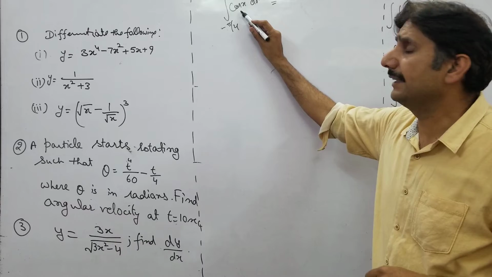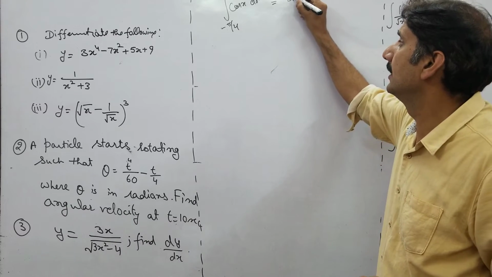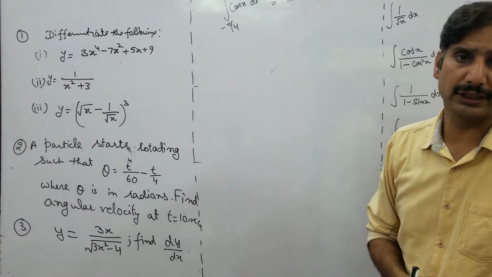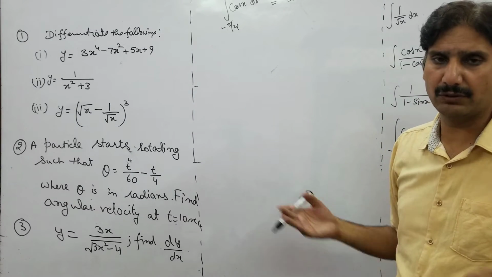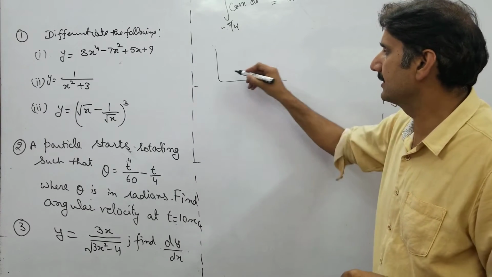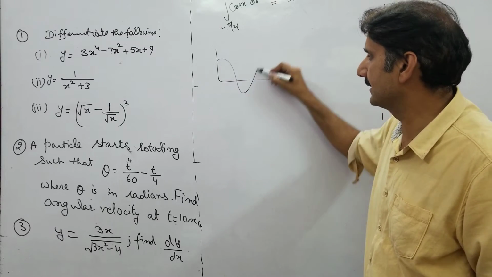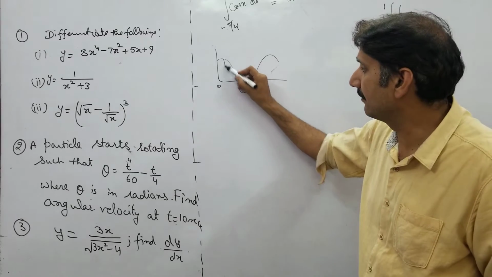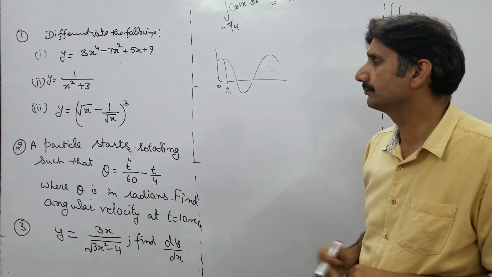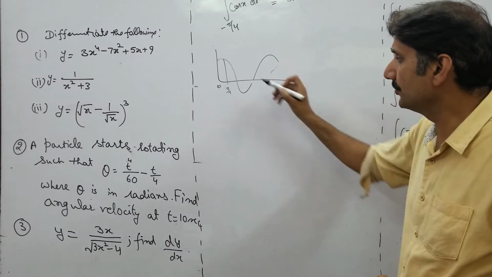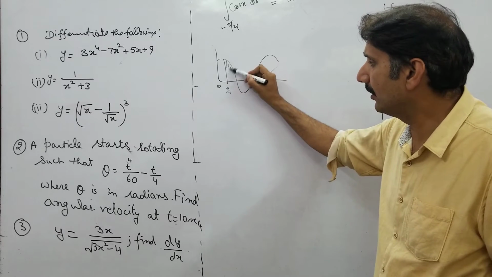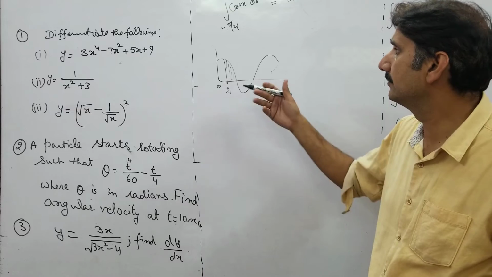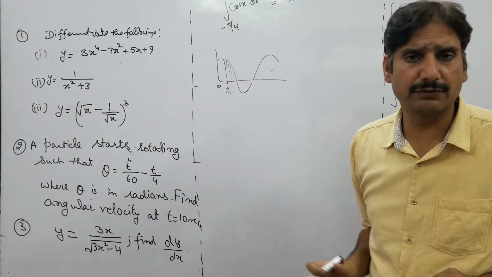For example, the integration of cos x we know is sin x. In case of definite integrals, we don't put the constant of integration. Let's say this is cos x, this is the area. This is 0, this is somewhere cos pi by 4. So you are putting a limit on the area, so you don't need to put a constant of integration.